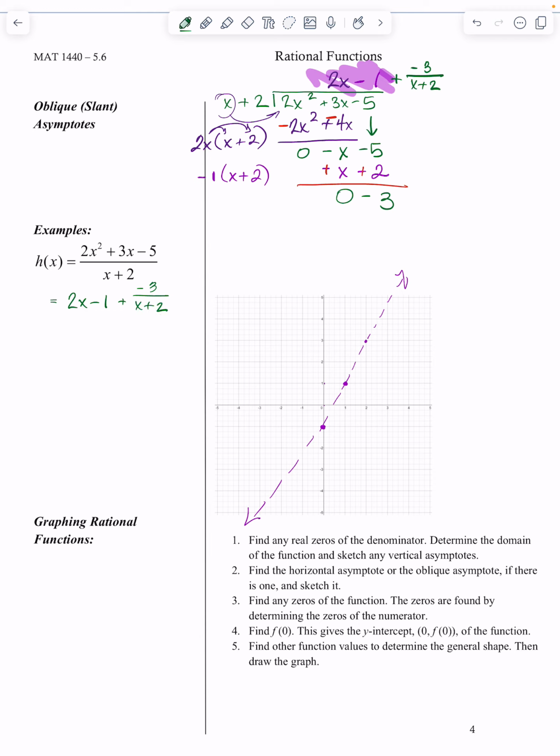Now I am going to use this part right here to find my vertical asymptote. I know x plus 2 cannot be 0, so x cannot be negative 2. My vertical asymptote is at x equals negative 2.